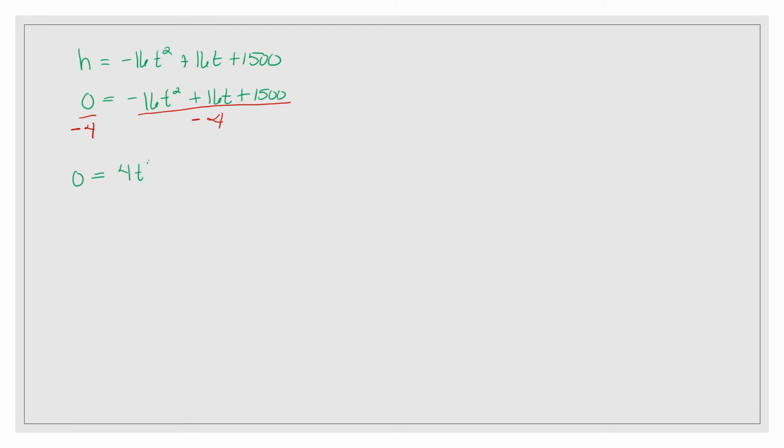That's right, positive 4. Positive 16 divided by negative 4. That's right, negative 4. And positive 1,500 divided by a negative 4. Yeah, that's a negative, and I got 375. So hopefully we're in agreement.